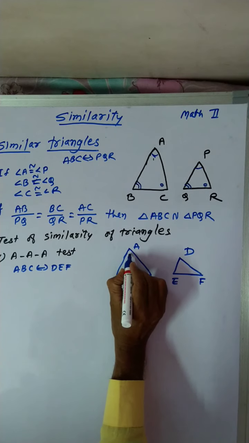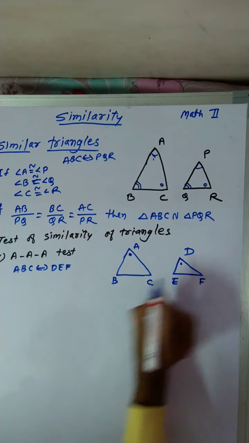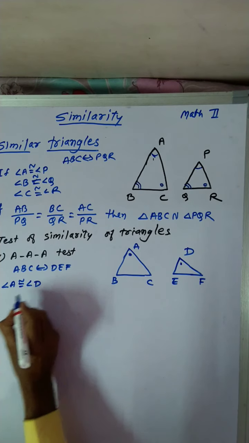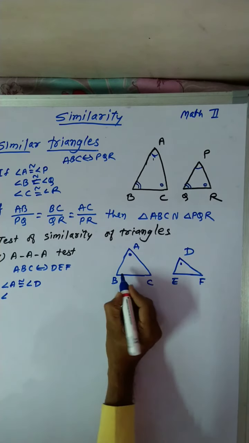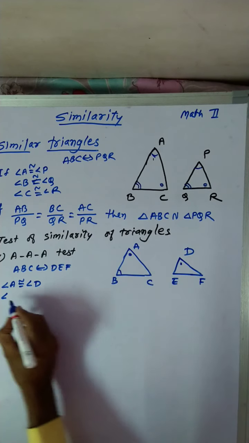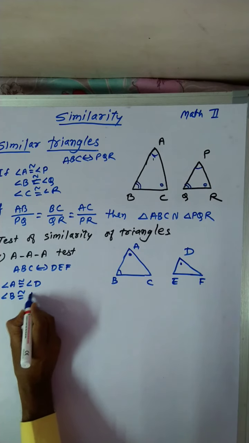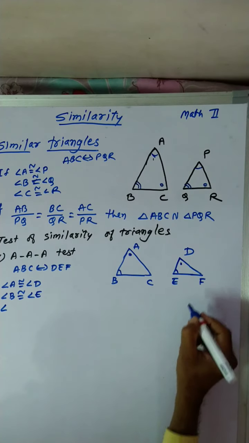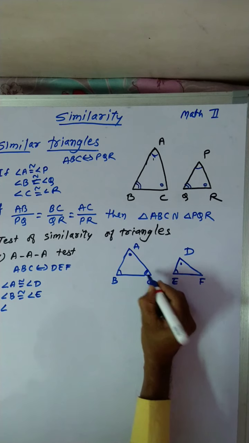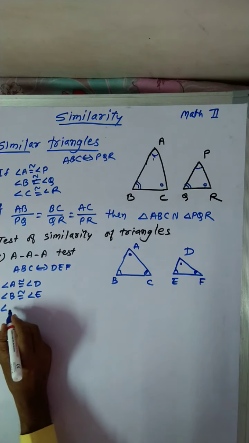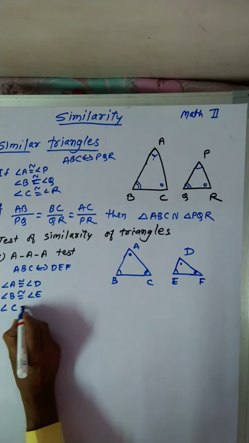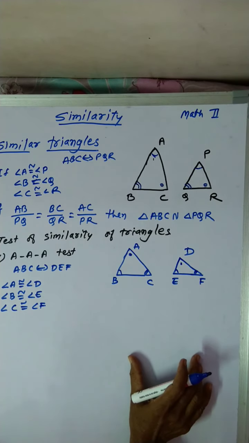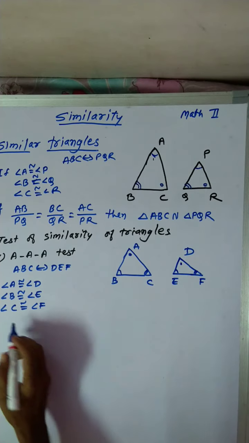If angle A is congruent to angle D, and angle B is congruent to angle E is given, and the third angle C congruent to angle F is given, only three conditions are given, then these two triangles are similar.